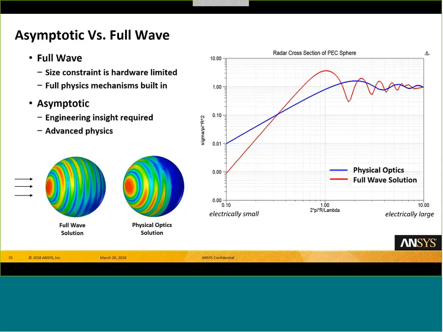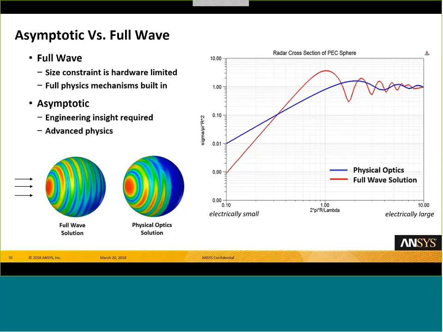You'll notice that in the lit region, the distribution of those currents looks very similar, but it's pretty noticeable that with just pure physical optics, we really don't account for the energy and the attached currents showing up in that shadow zone.